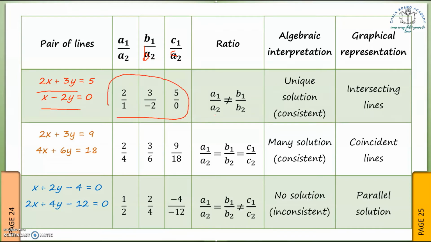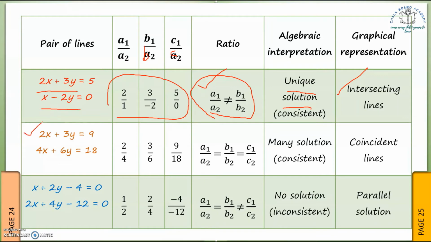So we can simply say a1 by a2 is not equal to b1 by b2. When this happens, we get a unique solution, as we have seen in the first question, where we got intersecting lines. So these equations have this relation: a1 by a2 is not equal to b1 by b2.